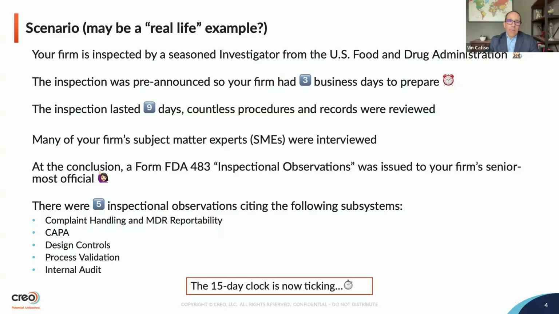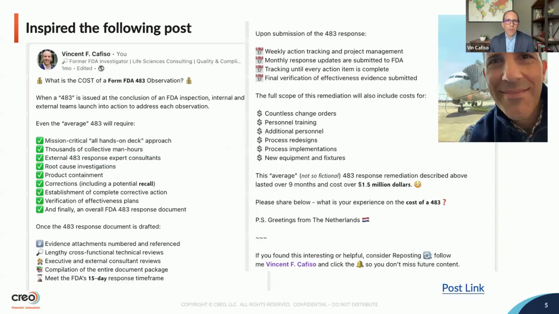And so this scenario, as I mentioned, is either a real life scenario that I have been through, or a scenario that my clients have been through. And so this kind of got me thinking about how to help elevate the community and give them some of this information. And so that's really what drove this post.